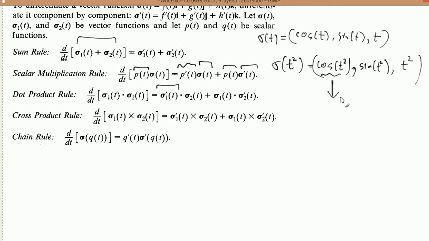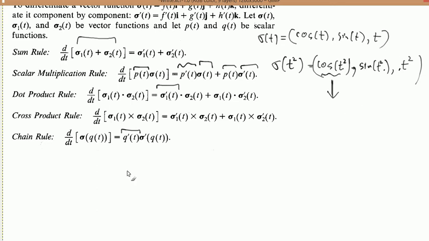Chain rule, right? So if you do it component-wise, it turns out you have a scalar everywhere. This q'(t), q'(t), q'(t) is the same composed part in there. They're all common parts, so you can factor it out, and the rest is just differentiating cosine and sine and whatever the outer function is in there.